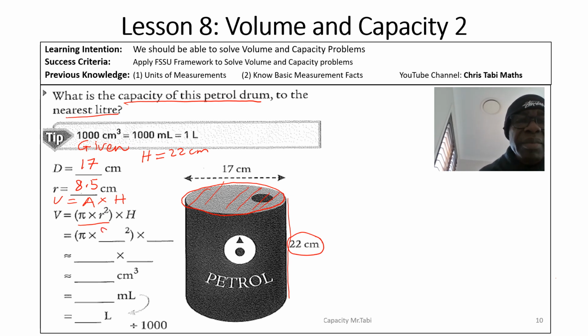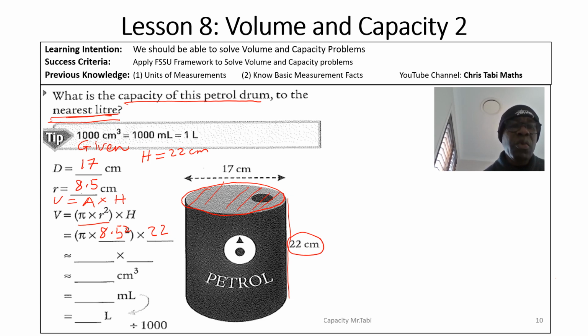So pi times 8.5 squared multiplied by 22. So we need to grab our calculators, and we're doing this to the nearest liter.